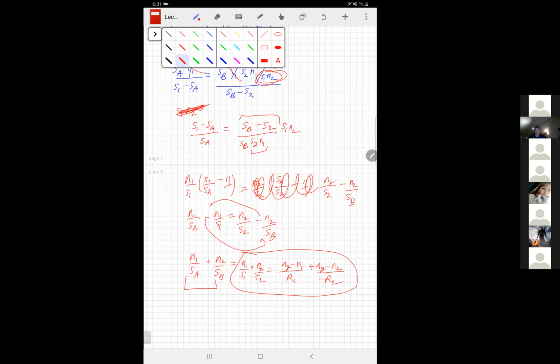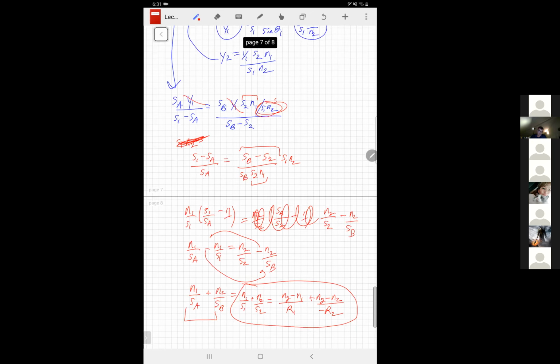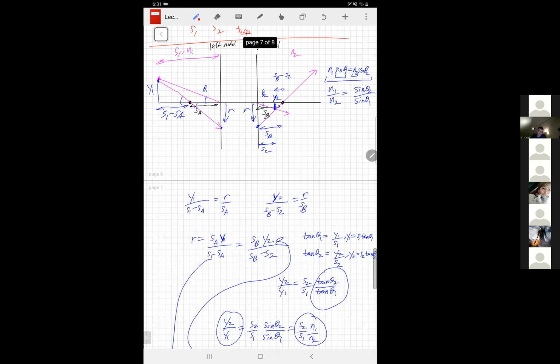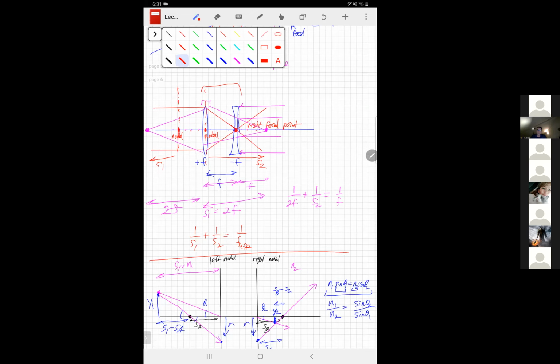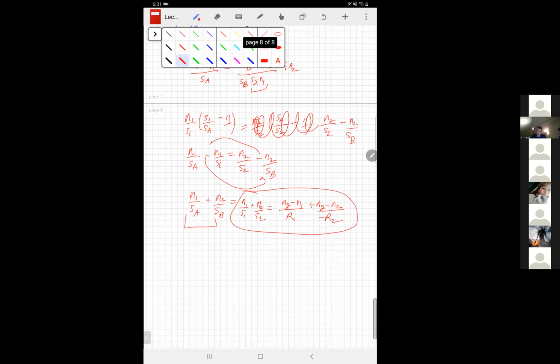That's about as far as we're going to go with using the thin lens equation. It was already pretty confusing up here when I was dealing with these two lenses, trying to define focal planes and nodal planes and everything, and deal with the fact that I've got rays traveling through two lenses. If I wanted to trace rays through multiple lenses, just using a thin lens equation each time, it would get tedious.